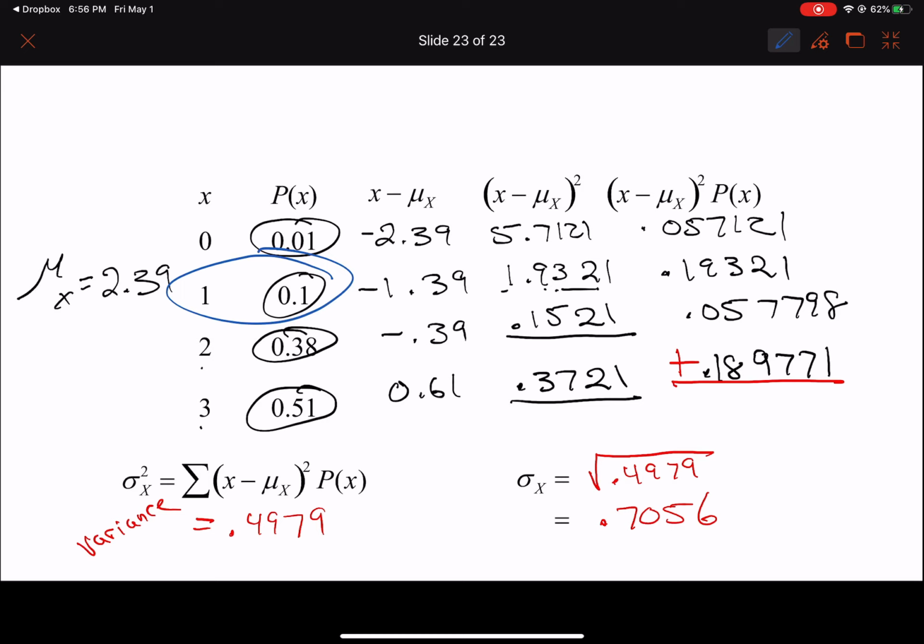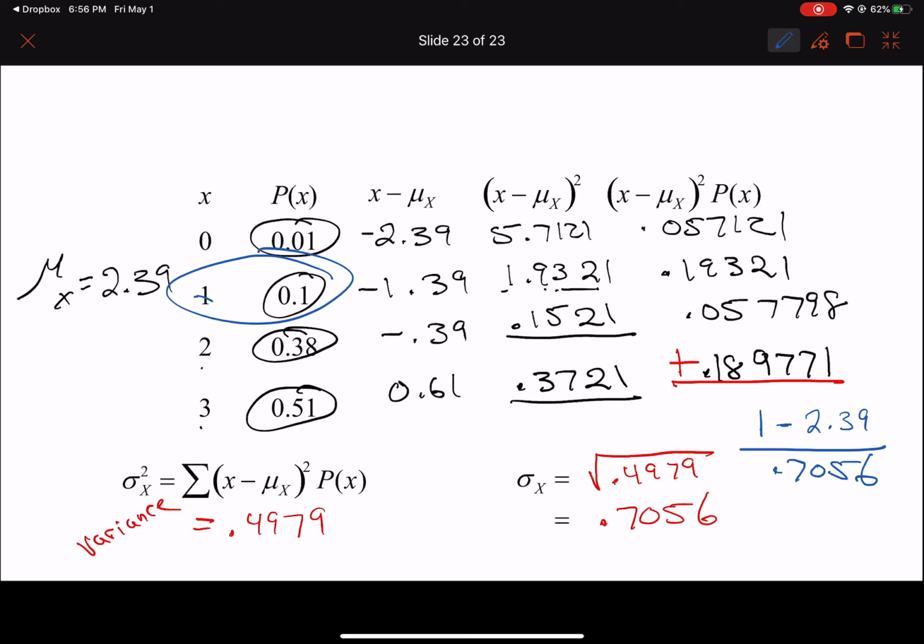So remember how we calculate the z-score. I'm going to take the x, so 1 minus our mean, 2.39, then divide it by the standard deviation. So 1 minus 2.39 divided by 0.7056.